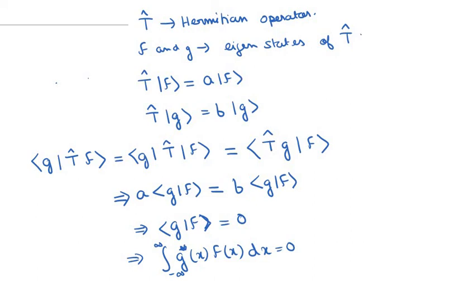But just know this fact that the eigenstates of a Hermitian operator form a complete set, and you can represent any valid function that satisfies the suitable boundary condition with the help of the eigenstates of the Hermitian operator.